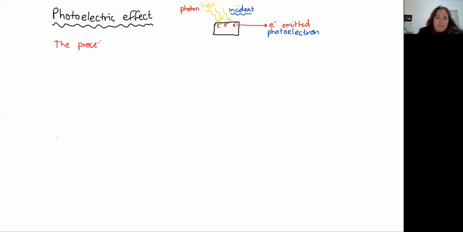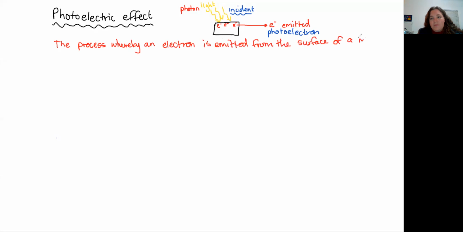The process whereby an electron is emitted, meaning given off, from the surface of a metal when light of a specific, either frequency or energy, shines on the metal.